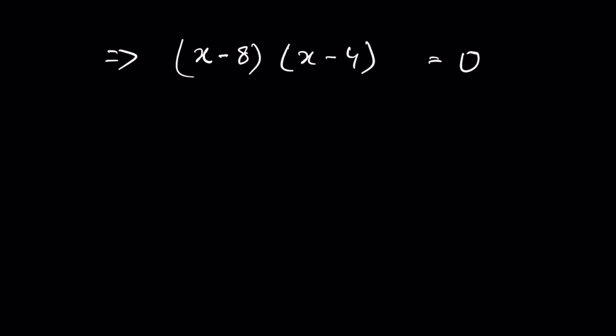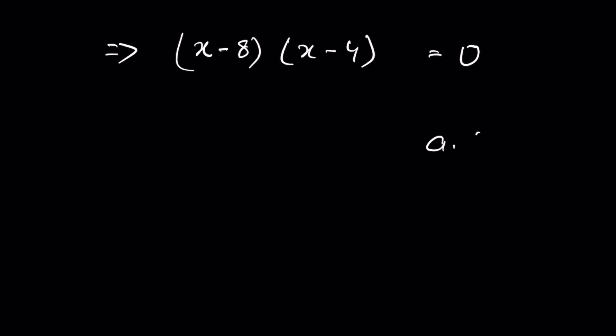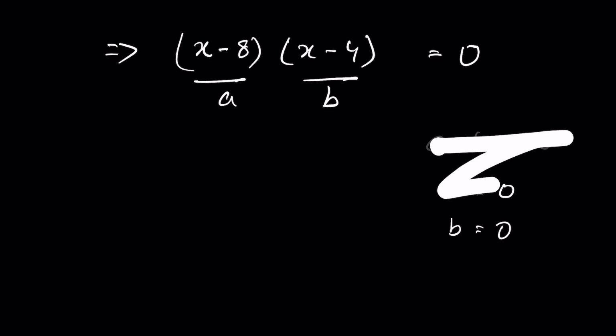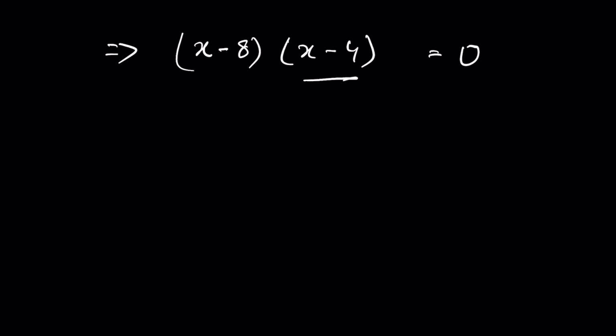Now whenever a times b is equal to 0, let's say this is a and this is b, that means either a is equal to 0 or b is equal to 0. So here we have two solutions for x.